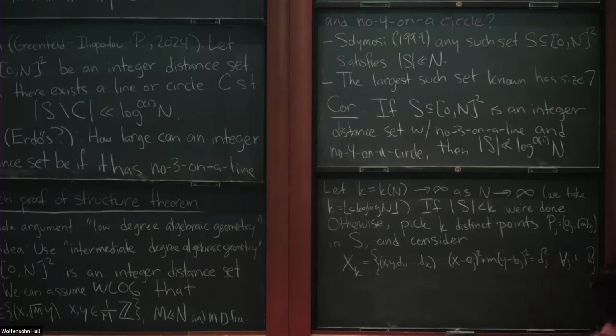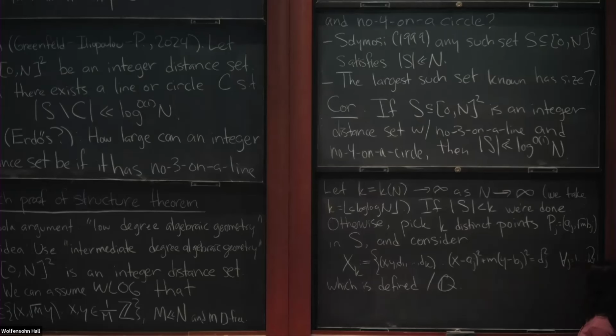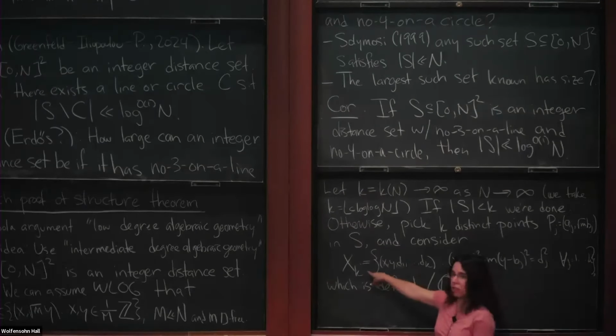Note that by this fact, and our choice of points P_j, this is defined over the rationals. Also now, since S is an integer distance set contained in this n by n box, the points in S correspond to certain rational points on the projective closure of X_K.